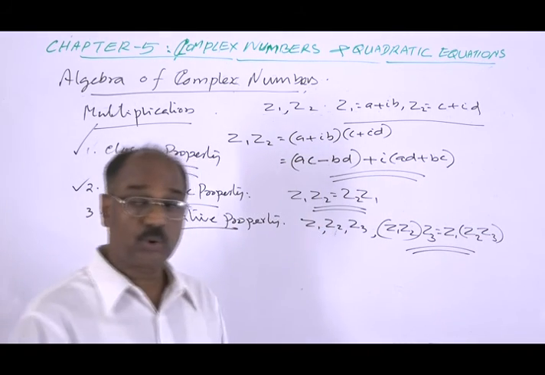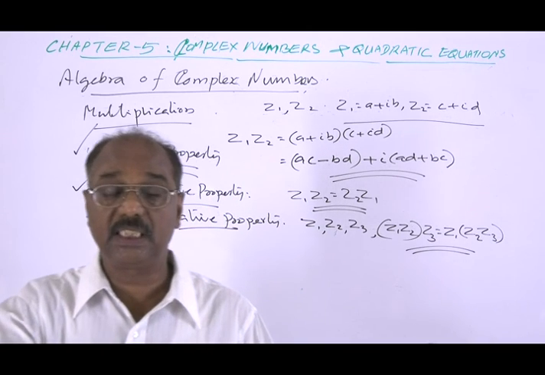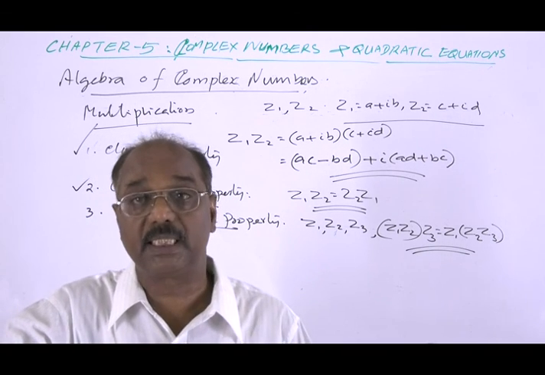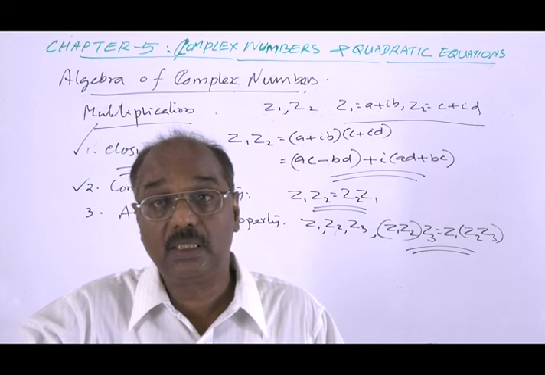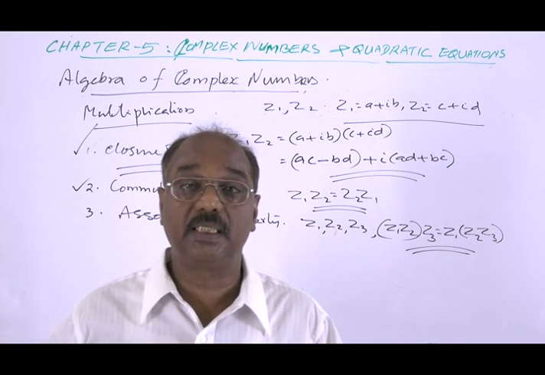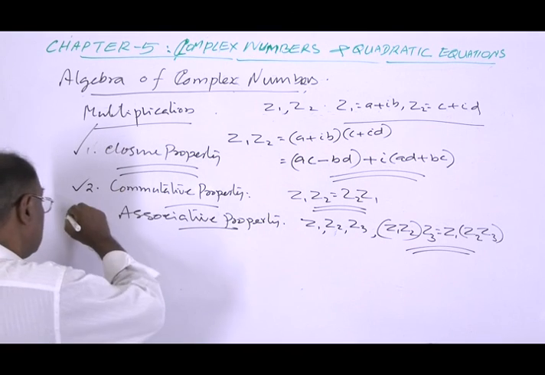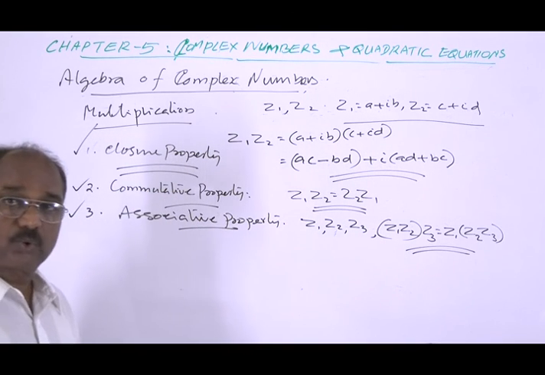That is, association of complex numbers is possible in the case of multiplication. We can easily verify. So the associative property also holds good in the case of multiplication.